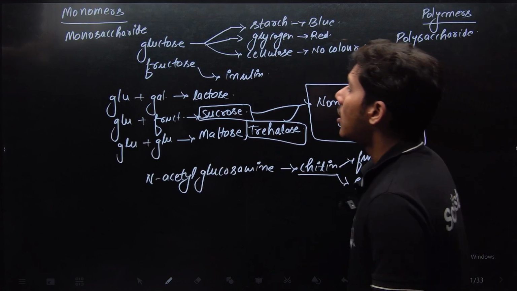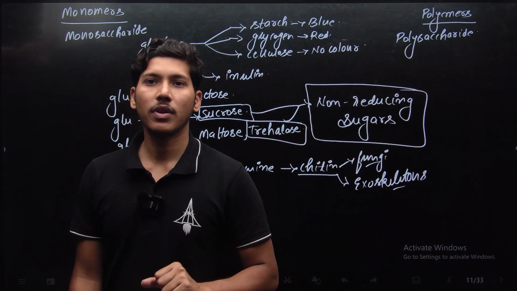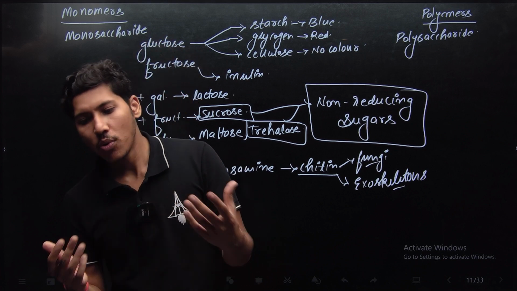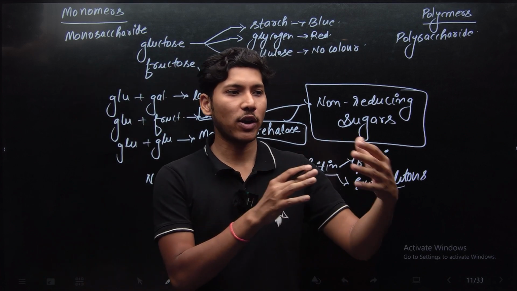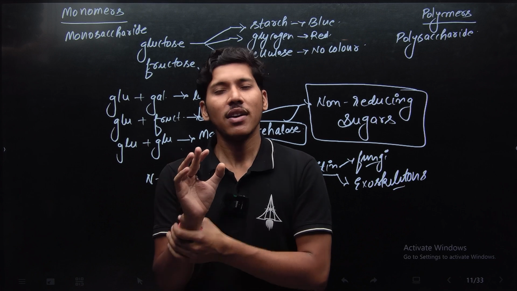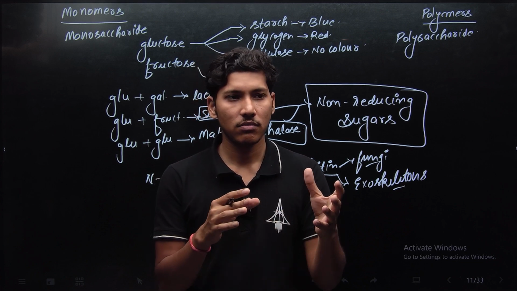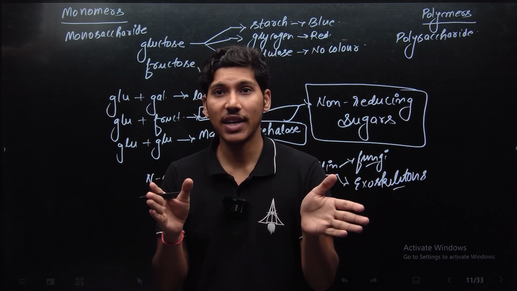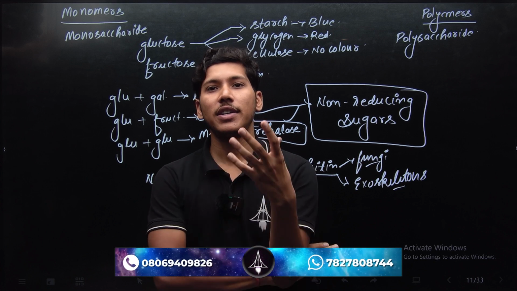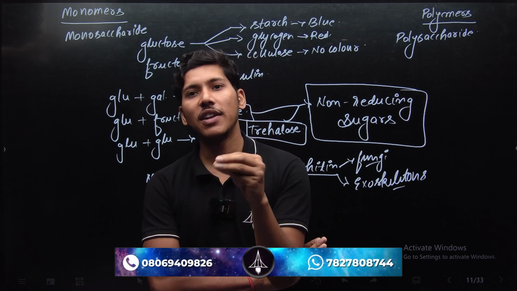Let's see. So we know that biomolecules are divided into two parts, biomacromolecules and biomicromolecules. Lipid is not placed in any of these categories, because lipid is a different kind of molecule.